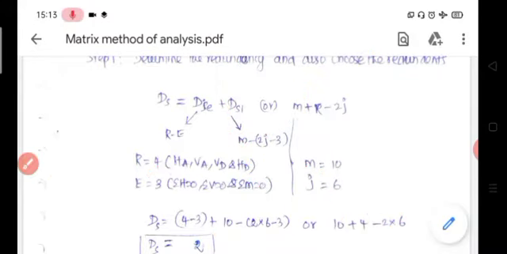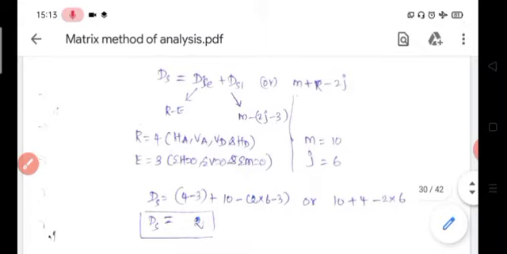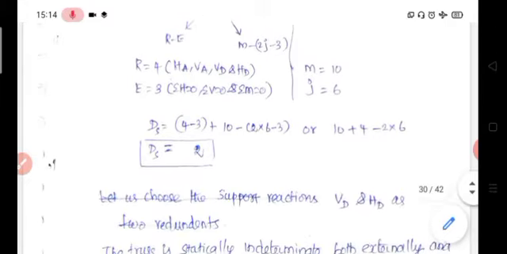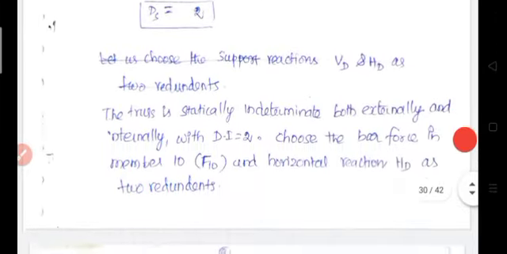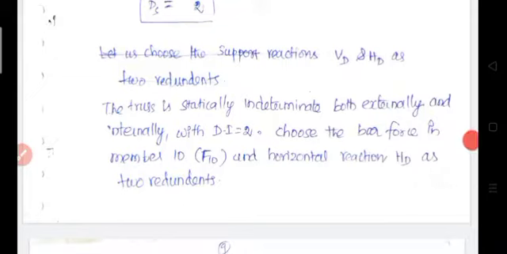This formula gives the total indeterminacy, but the former one gives separately how much external and internal indeterminacy is available. So the truss is statically indeterminate both externally and internally with the degree of indeterminacy 2.